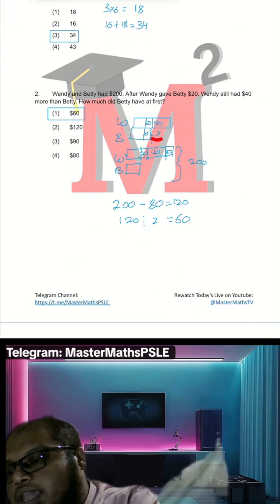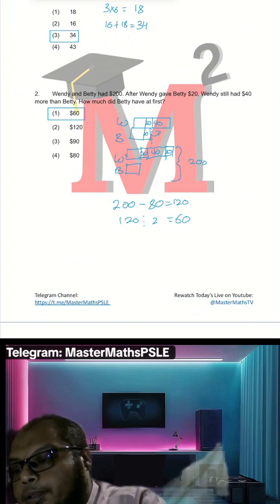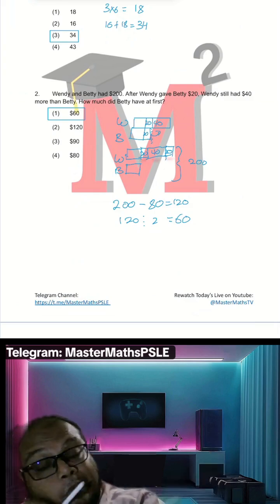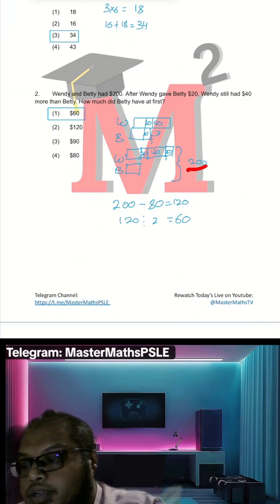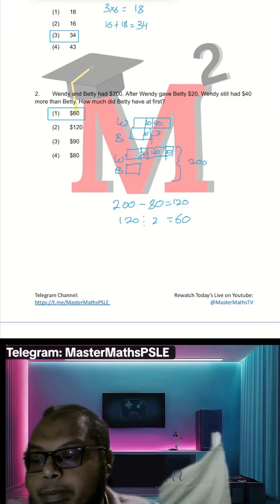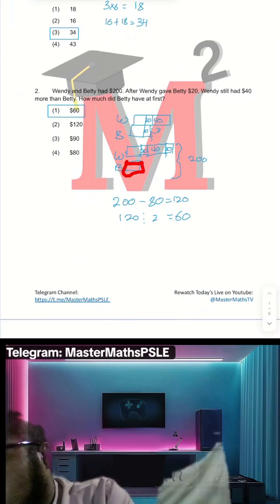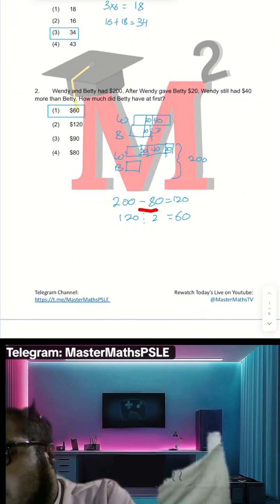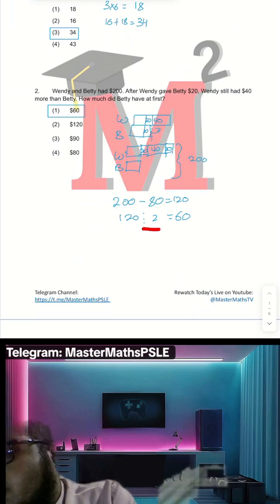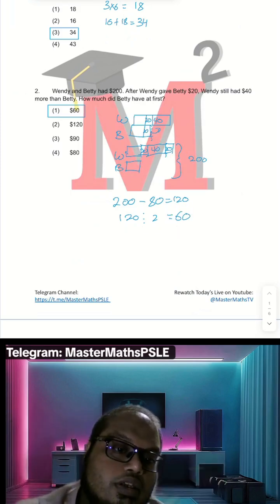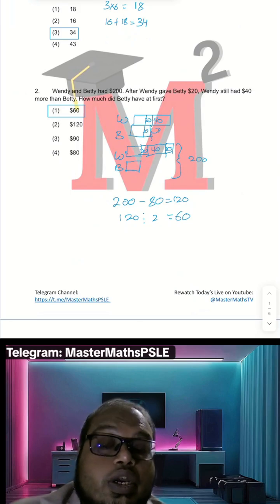So the 20 I put back. So we got 20, 40, and 20. And the total is 200. So with this, how much did Betty have at first? I just need to solve for this 1 unit. So I minus 80 because the total here is 80. Then I divide by 2 is 60. So the 1 unit here is 60. Okay, this is how I do the working backwards.